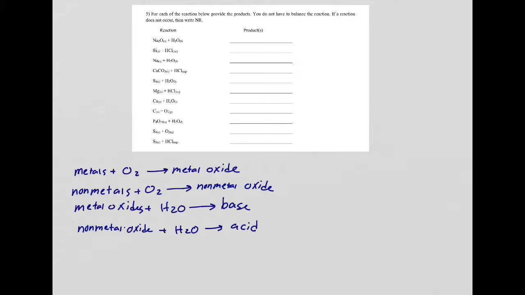Okay, and remember, how do you know you have a base? It would have to end with OH. How do you know you have an acid? It has to start with H. Okay, and then most metals plus acid gives you a salt, which is a metal and a non-metal, plus H2 gas.